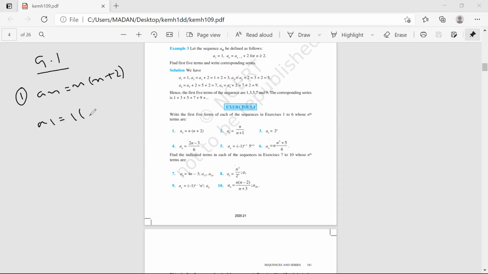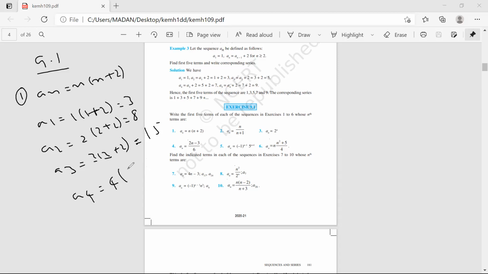First find a1: 1 into (1 plus 2), 3. a2: 2 into (2 plus 2), 8. a3: 3 into (3 plus 2), 15. a4: 4 into (4 plus 2), 24. a5: 5 into (5 plus 2), 35.